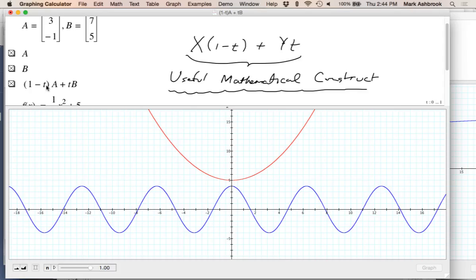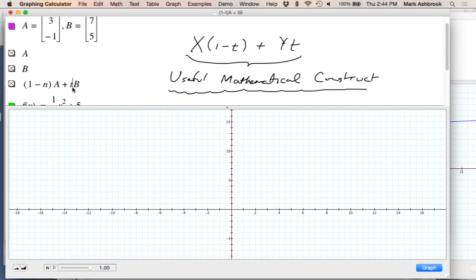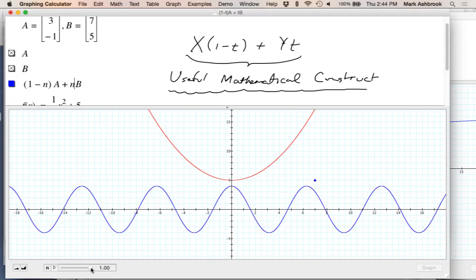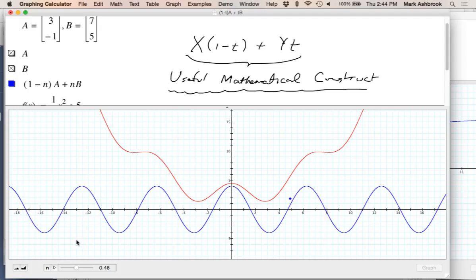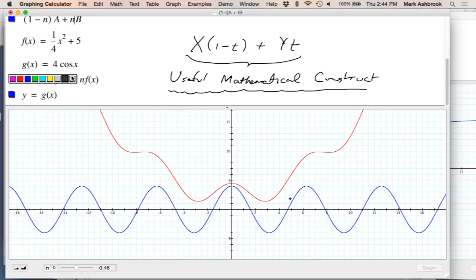If I just used n, then as I change n, it will show those points one at a time, whereas t sprays all the values simultaneously and shows the segment, right? Okay.